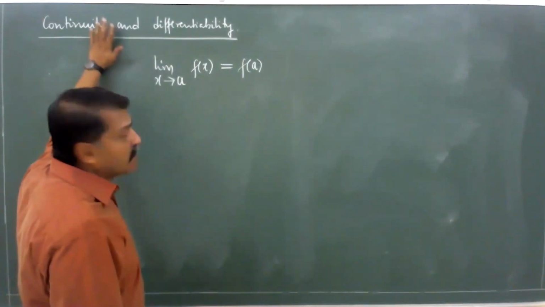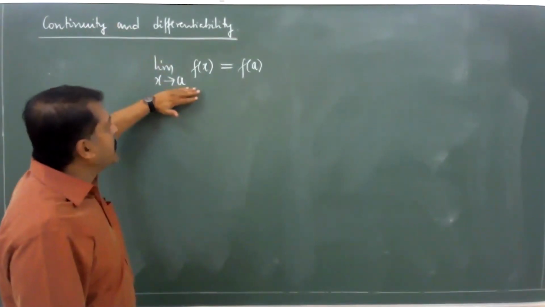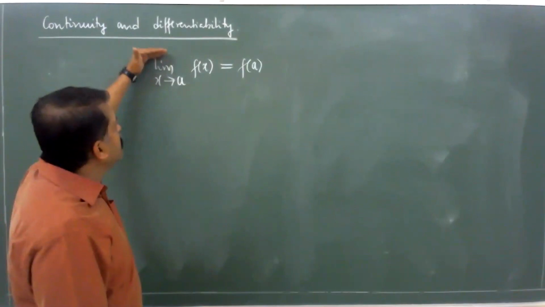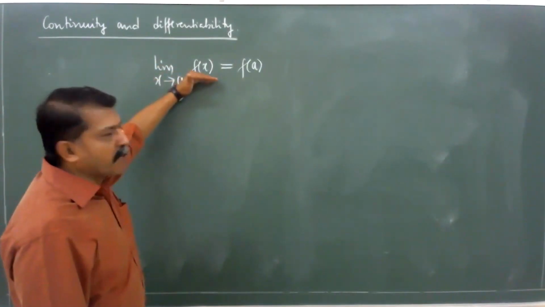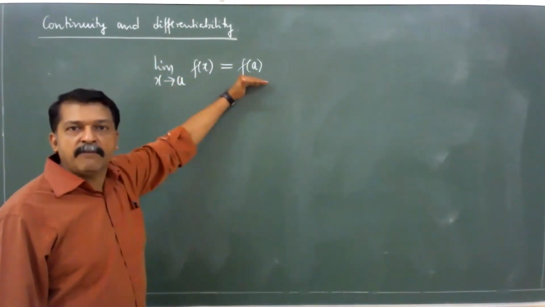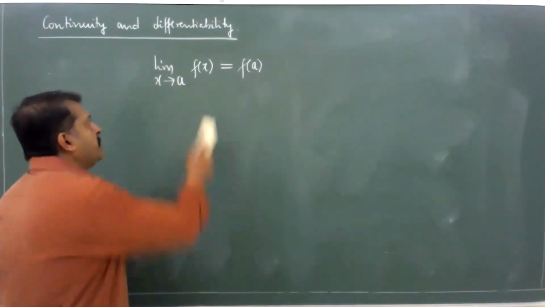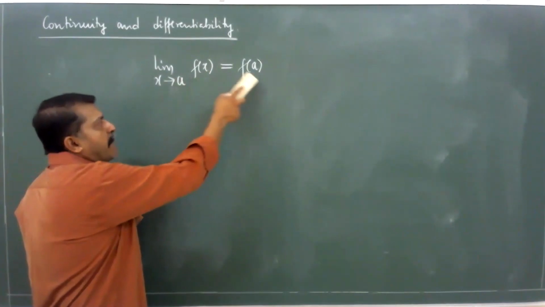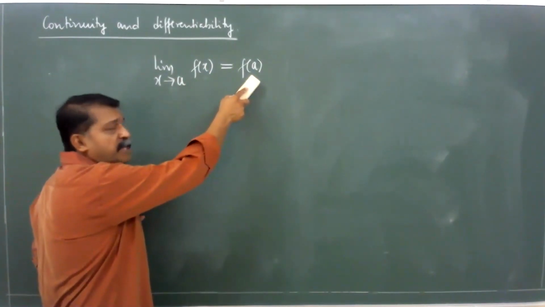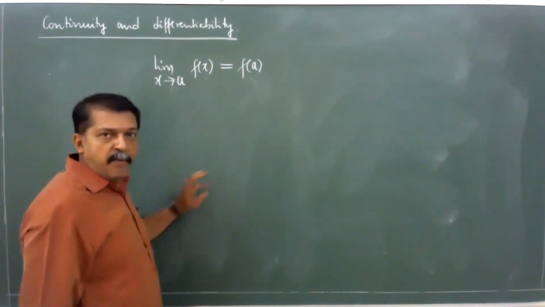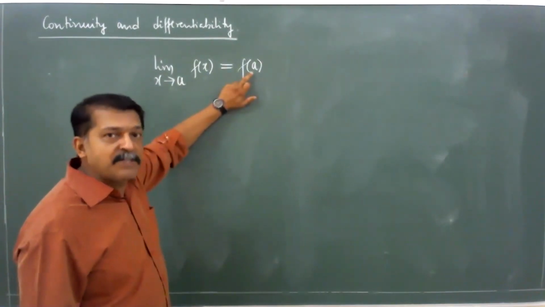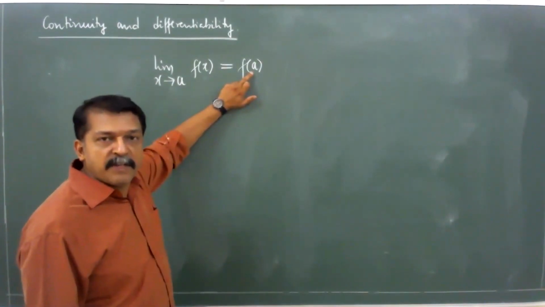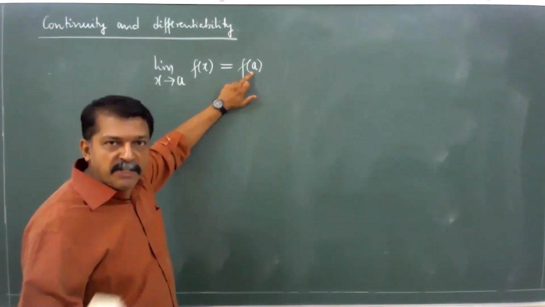If you want to say a function is continuous at x is equal to a, limit x tends to a, f of x must be equal to f of a. Behavior of the function in the neighborhood of a point, if it matches with the value of the function at the point, we say that function is continuous.